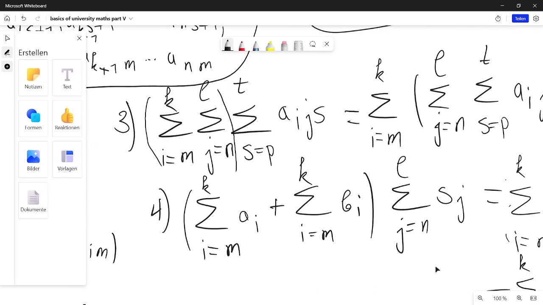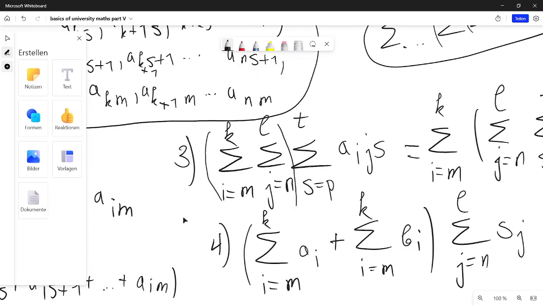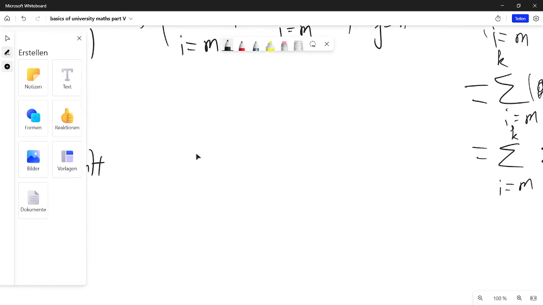Another remark about that: you see I'm using kind of always the same stuff, a_{ijs}. Any kind of sum with specified objects in dependence on some indices could be written in that way, but of course, a_{ijs} is actually a of i of j of s, where a of i of j of s just generalizes.